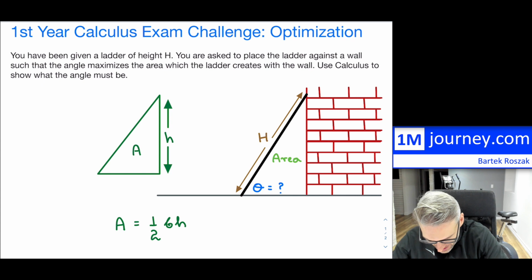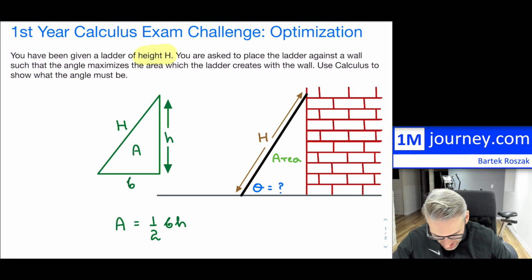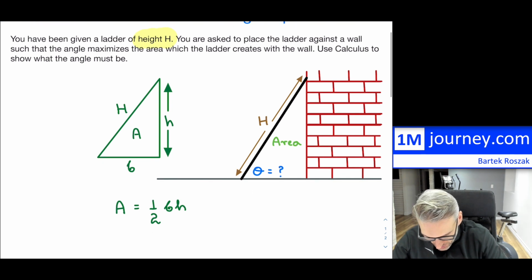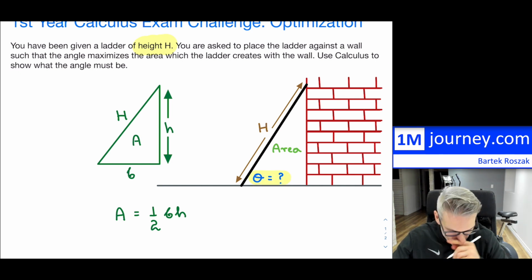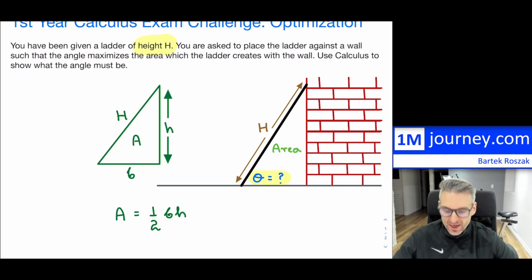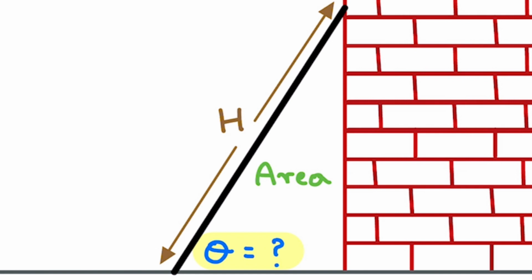The ladder itself, I'll put capital H. That's what they have used in the question. And then the base, we can assume is this. So now we want our angle, which is this angle, to maximize the area that is made there.